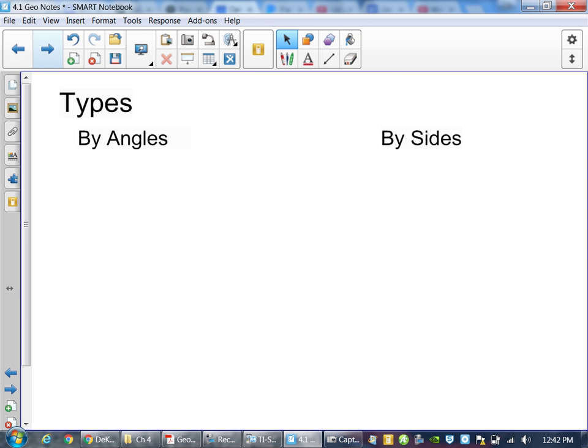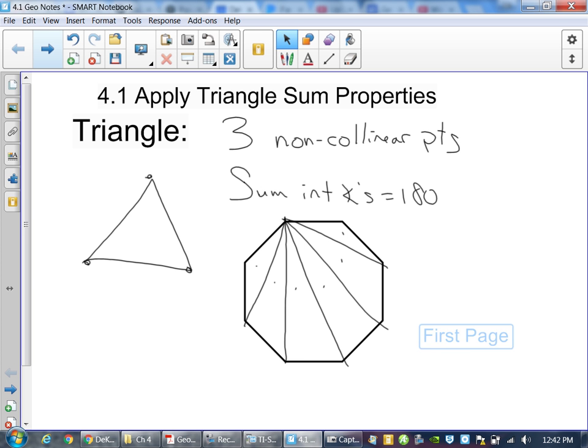You are able to classify your triangles by sides and angles. Just worry about those two. You guys have all been able to classify triangles. This is one of the first things you guys learned about geometry back in grade school.